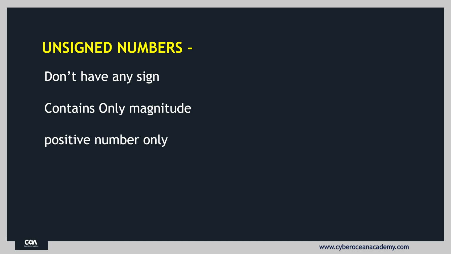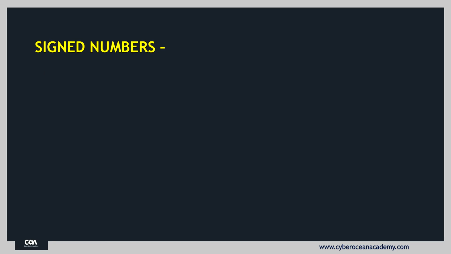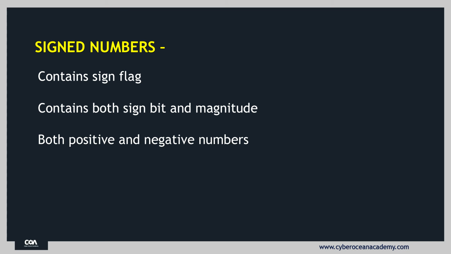Now, what are signed numbers? A signed number has a sign bit. It contains a sign flag, which is a single bit, and also the magnitude bits, and it is applicable for both positive and negative numbers.